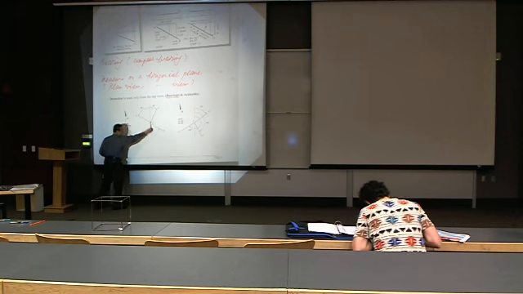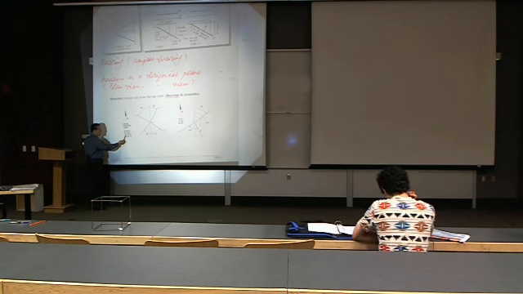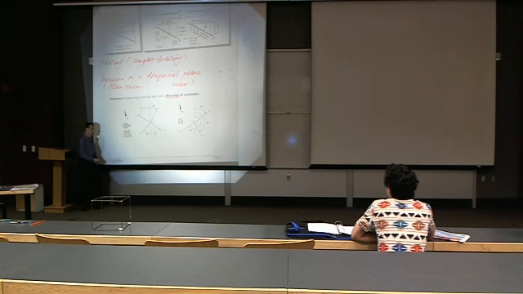AD, south, 45 degrees west. South, 45 degrees west. And AE, of course, that's north, west. North, 60 degrees west.